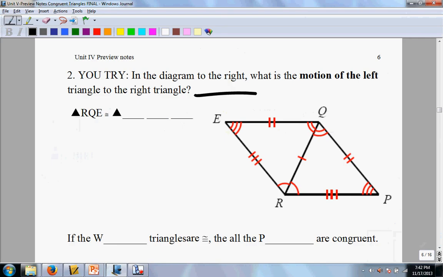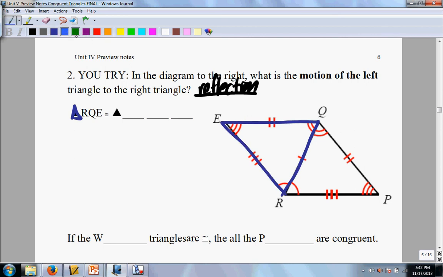All right, so first off, the motion here is a reflection, like a mirrored reflection. So that's the first thing you need to be familiar with, that we have a mirrored reflection. And we want to correspond triangle RQE. So RQE.